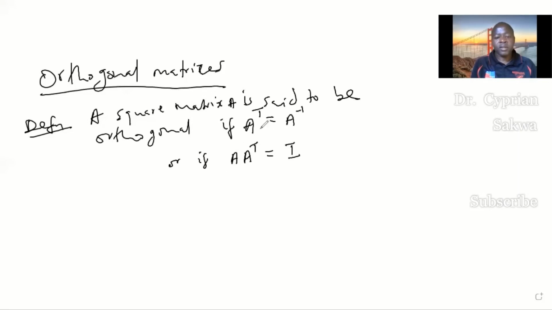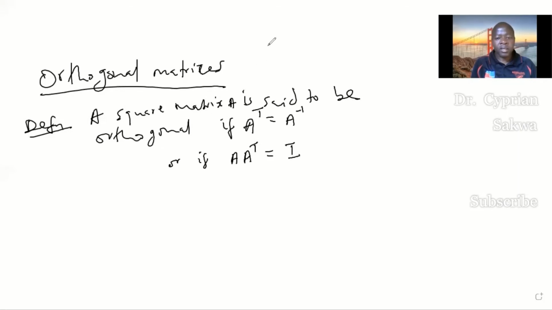Of course, I know that A inverse times A gives me the identity. So if the transpose of A is the same as the inverse of A, then it means A times the transpose of A will also give me the identity matrix. So this is the definition of an orthogonal matrix.